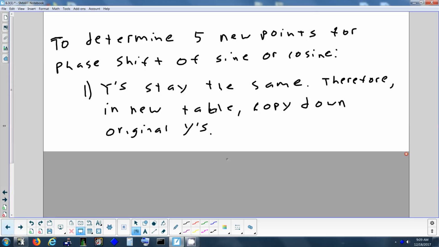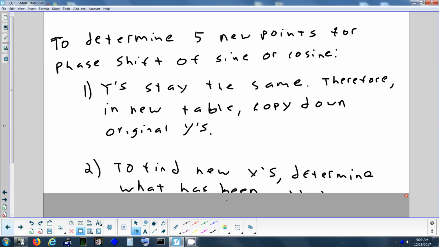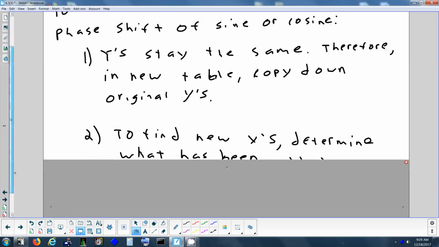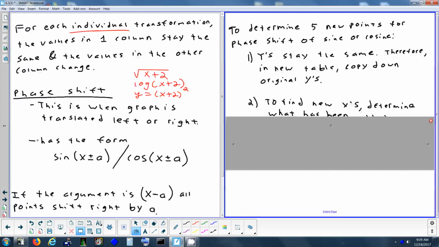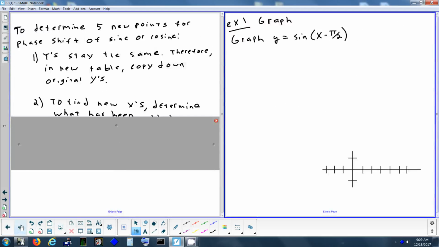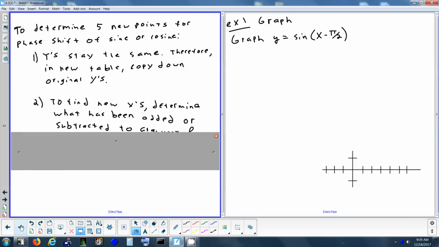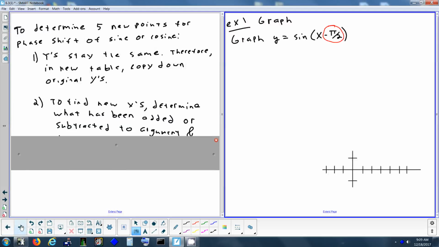If the y's are going to stay the same, then the x's are going to change. So, to find the new x values, the first thing you have to do is determine what has been added or subtracted inside the parentheses, to the argument. In this problem, we are subtracting pi over 2.